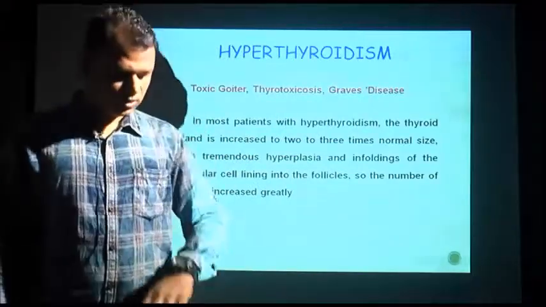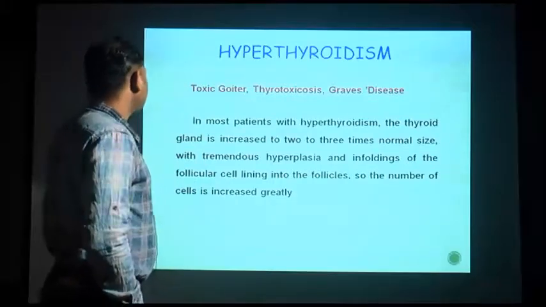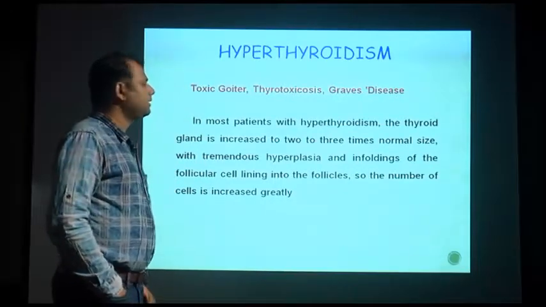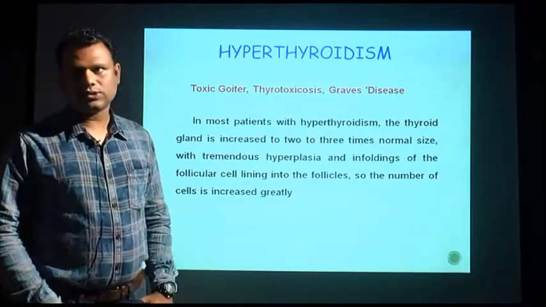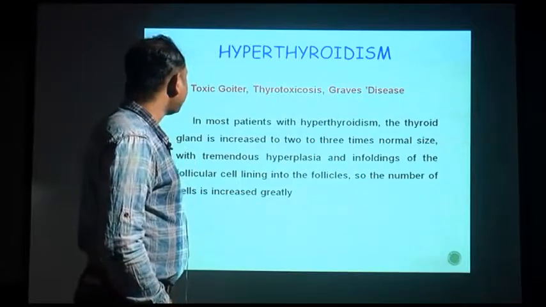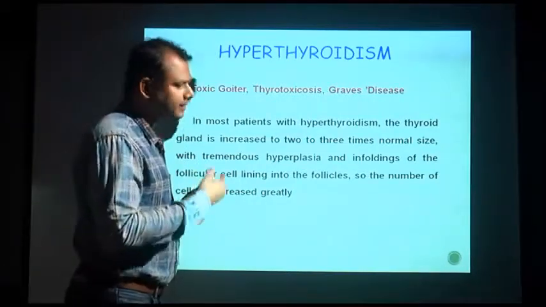First of all is hyperthyroidism. As I have already told you, hyper means increased, and the term thyroidism is associated with the effect of the thyroid gland. So, what happens if the thyroid activity increases?